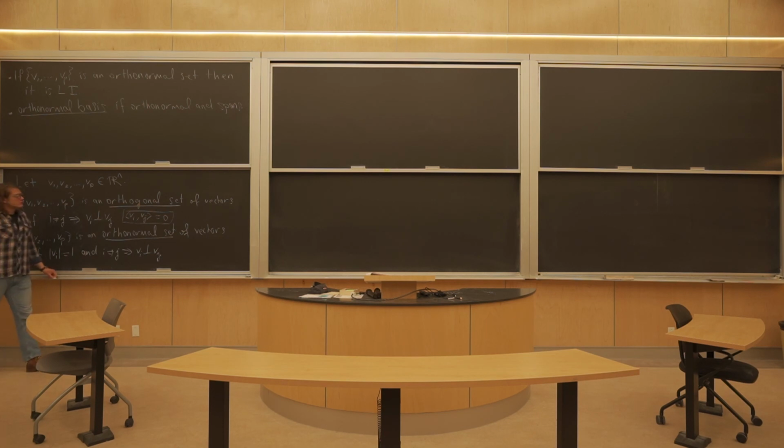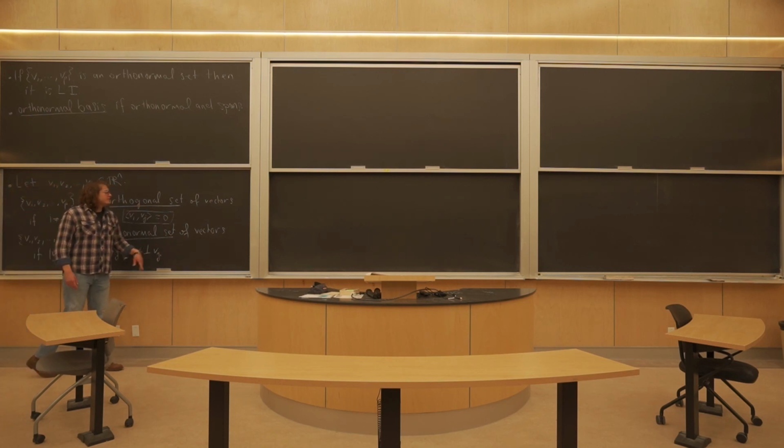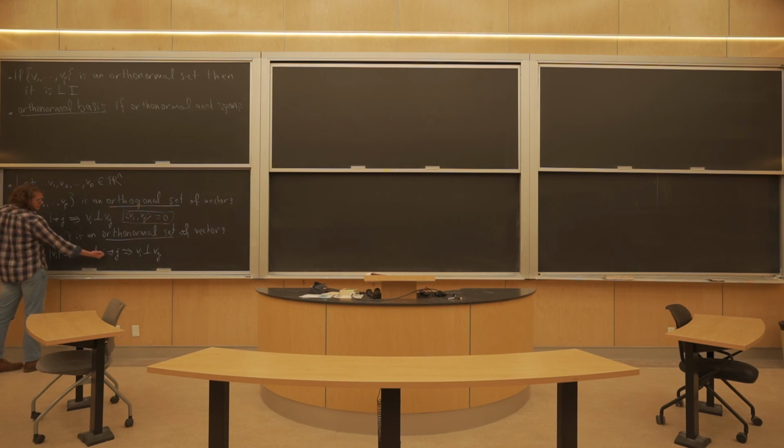Because the 0 vector is perpendicular to any other vector. So that's why you have this next definition. You call the set V1 to Vp orthonormal if not only are they orthogonal, but also each of these vectors has norm 1. In particular, none of them can be 0. Okay?